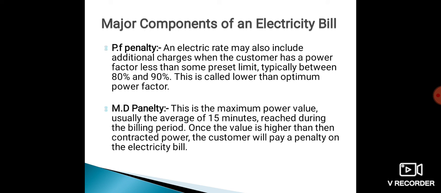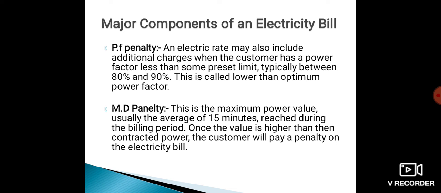If the power factor of any company goes below the value 0.9, they have to pay the power factor penalty, because they failed to maintain the level of power factor. Because if the power factor goes on decreasing, the system losses go on increasing. So it is very much necessary to maintain the power factor for any company. If they fail to maintain the power factor, then power factor penalty is imposed on that company.